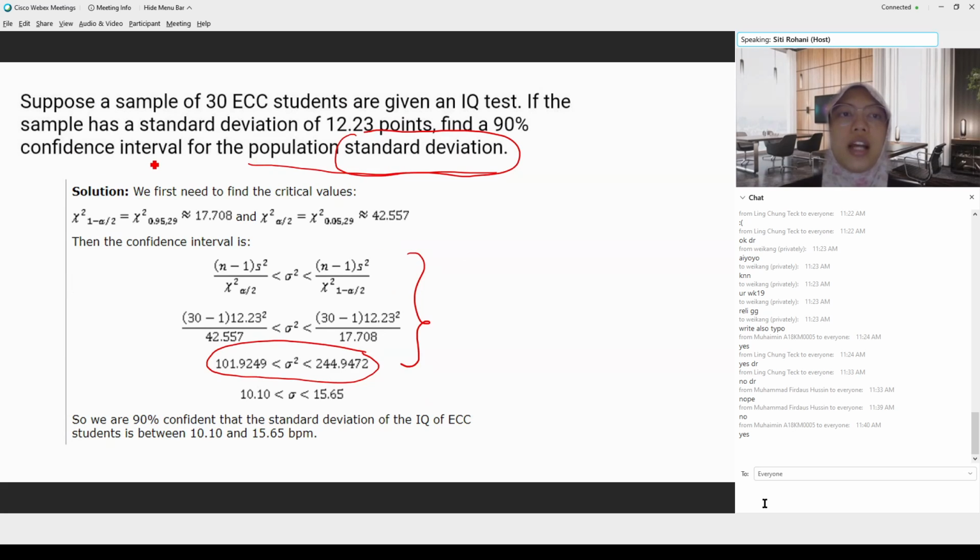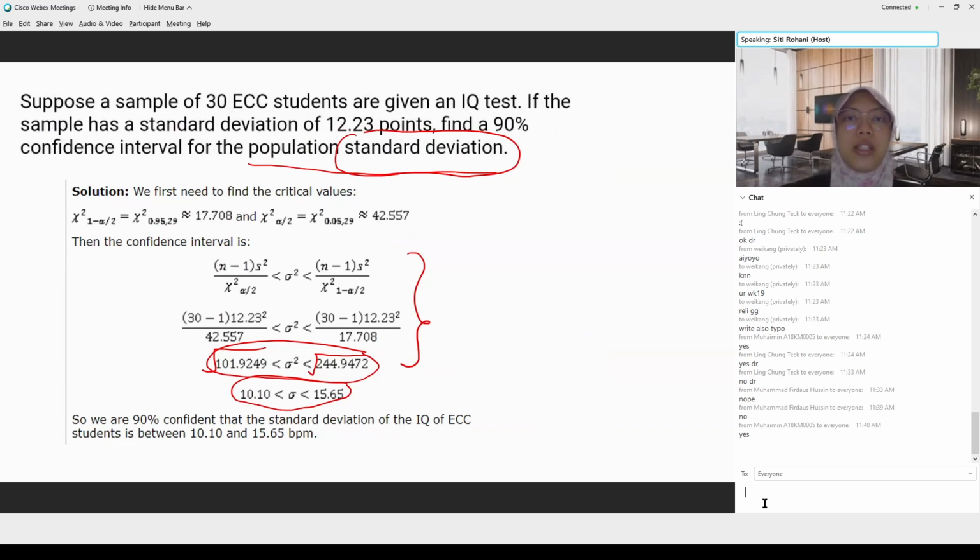However, since the question asks you to find the confidence interval for the population standard deviation, you have to take the square root of both limits of the variance. So don't forget to square root, and then you will get the confidence interval for your standard deviation.